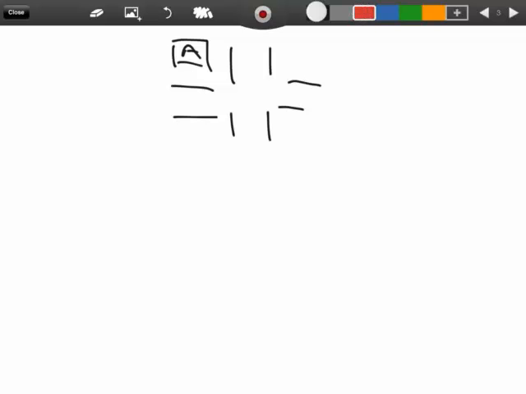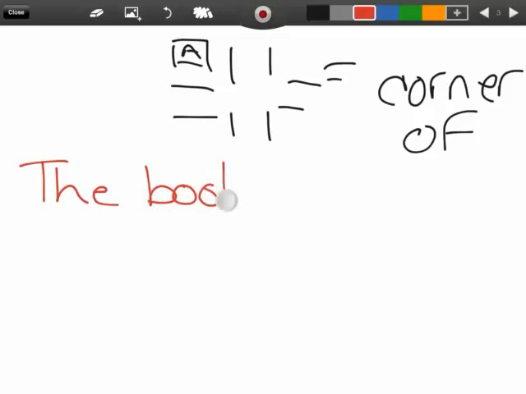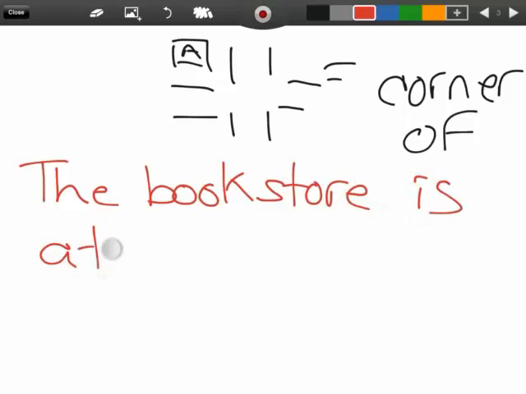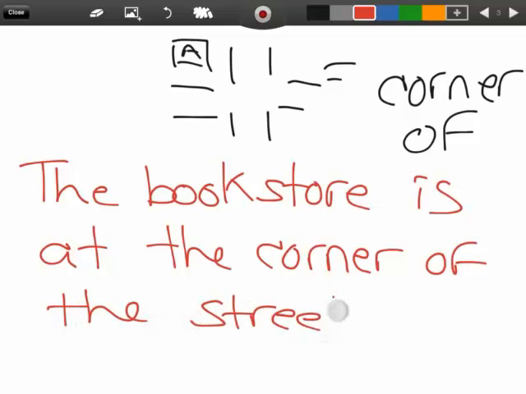And for this, it was corner of, and you could say the bookstore is at the corner of the street.